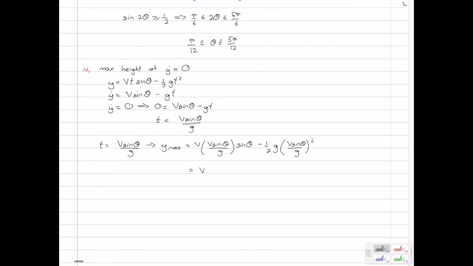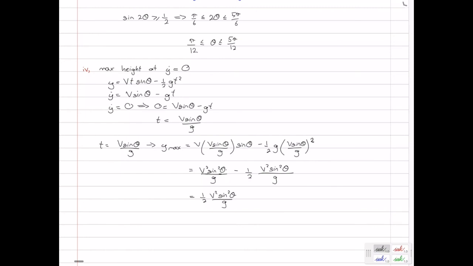So we have v squared sine squared theta over g, minus, here we're going to have g on the top and g squared on the bottom, so that's going to give us 1 g in the bottom. So we have a half, on the bottom there's a g, and on top there's a v squared sine squared theta. So this is going to be equal to a half v squared sine squared theta on g.